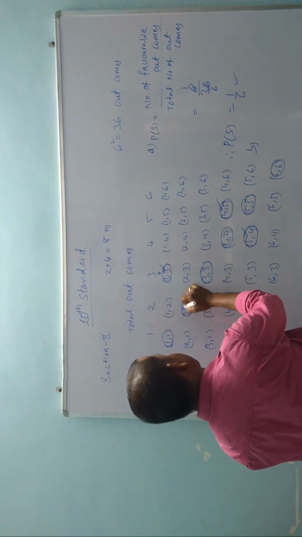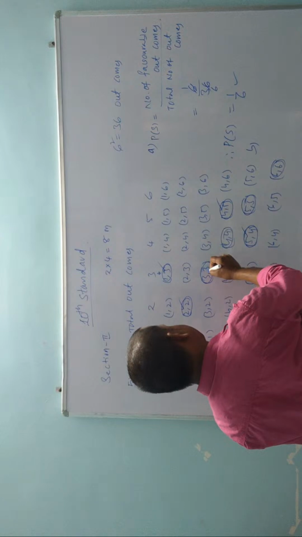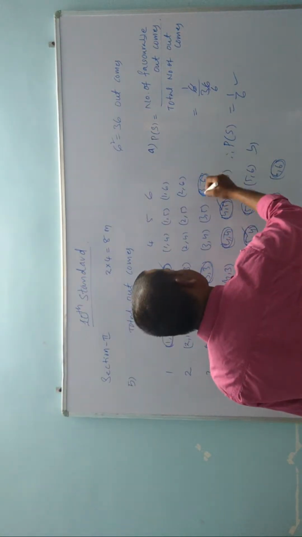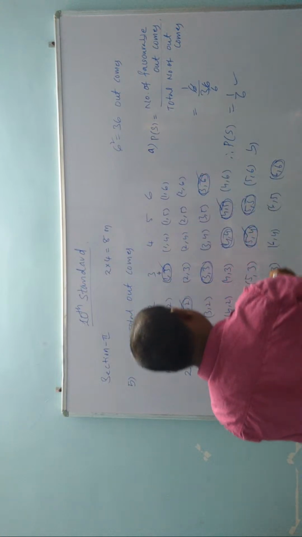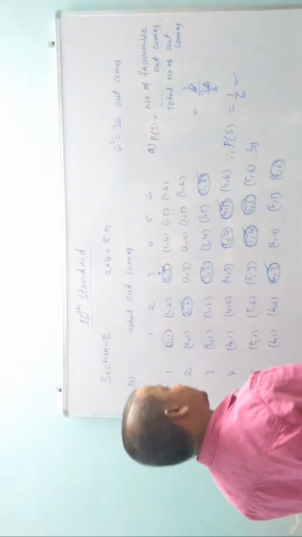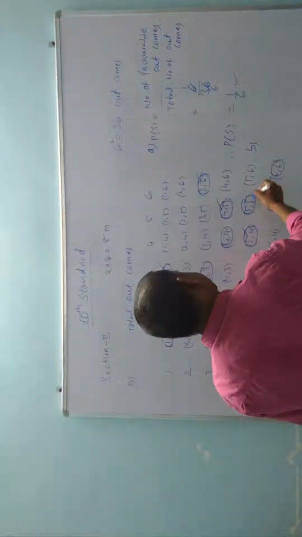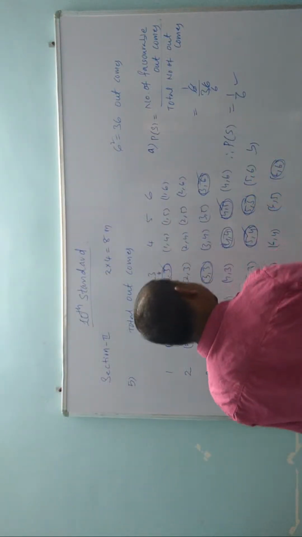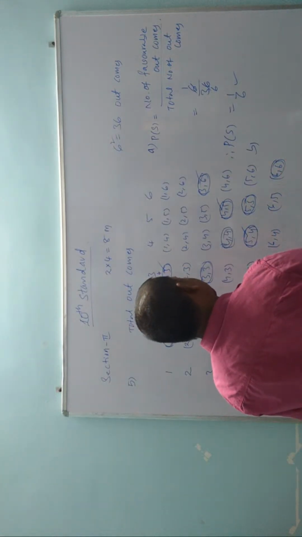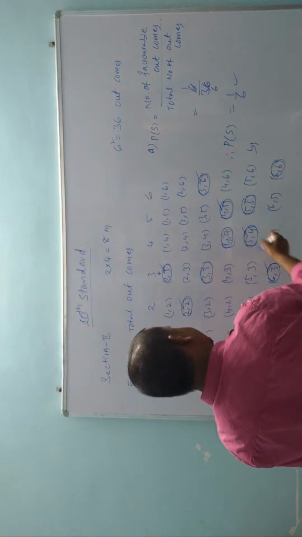So the favorable outcomes: here 2 plus 2 is 4. Next, 3 plus 3 is 6, not. 9 we get here: 3 plus 6 is 9, 6 plus 3 is 9. Next, 5 plus 3 is 8, 5 plus 5 is 10, not a perfect square. 6 plus 1, 6 plus 2, 10, no. So 1, 2, 3, 4, 5, 6.